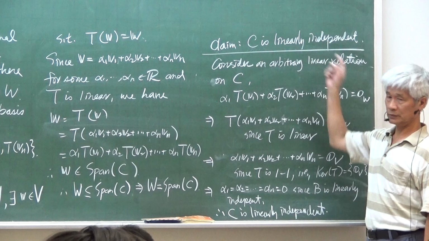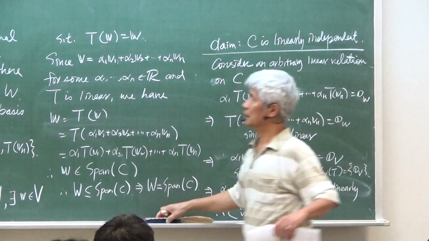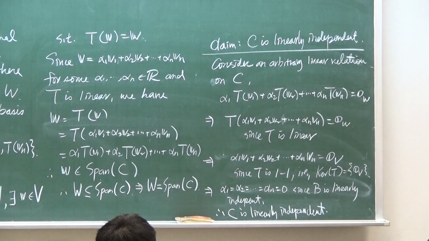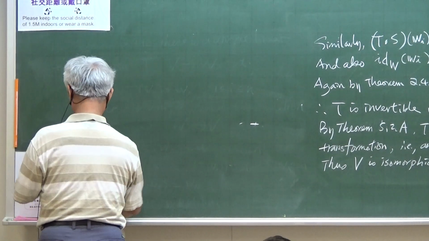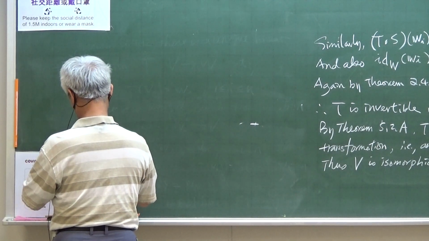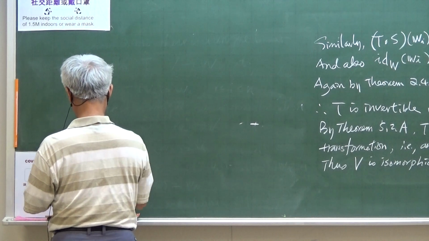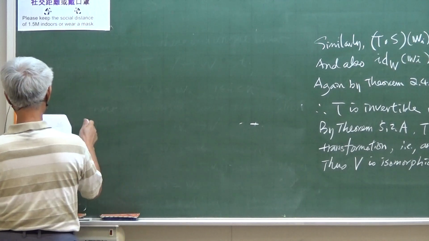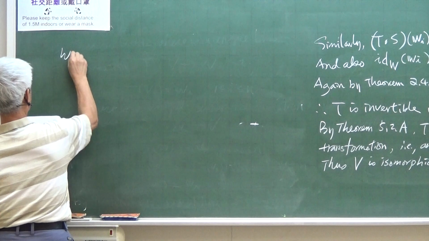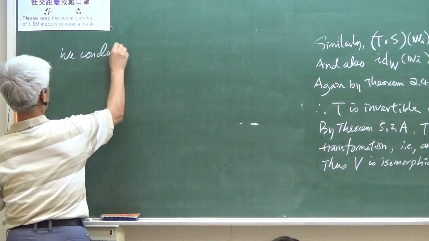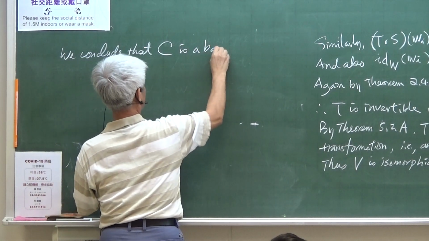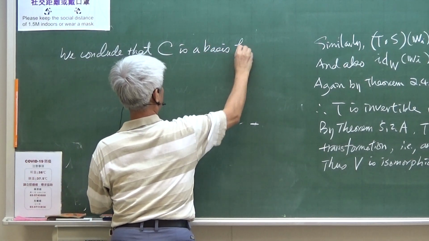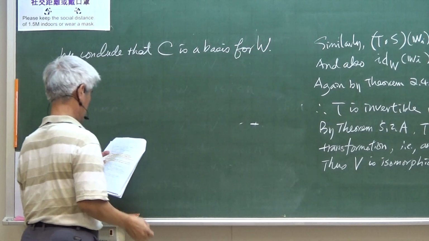Okay. So with these two claims, we conclude that C is a basis for the codomain. Right?